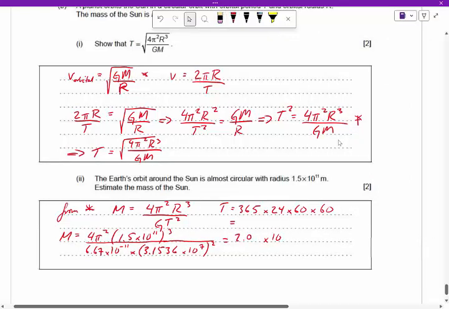Actually we only need two significant figures, so 2.0 times 10 to the 30 kilograms.